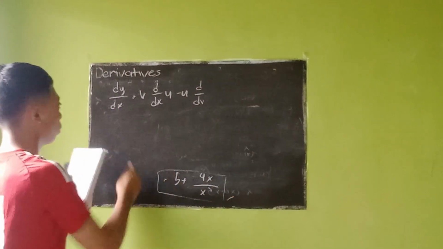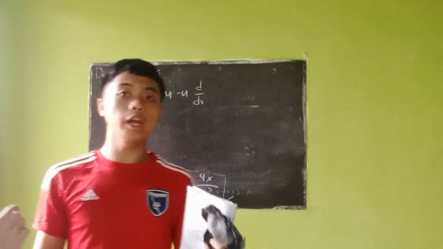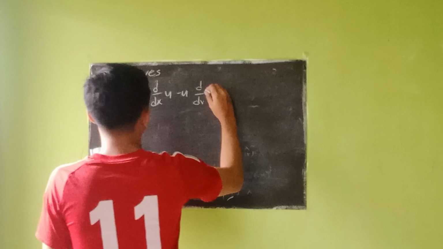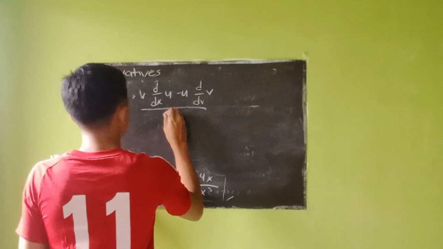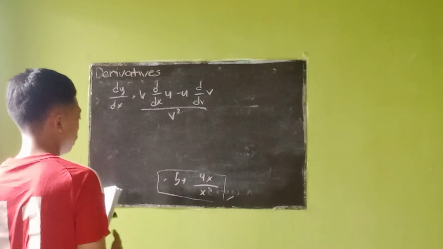Your u will be the numerator and the v will be the denominator. Then over v squared.